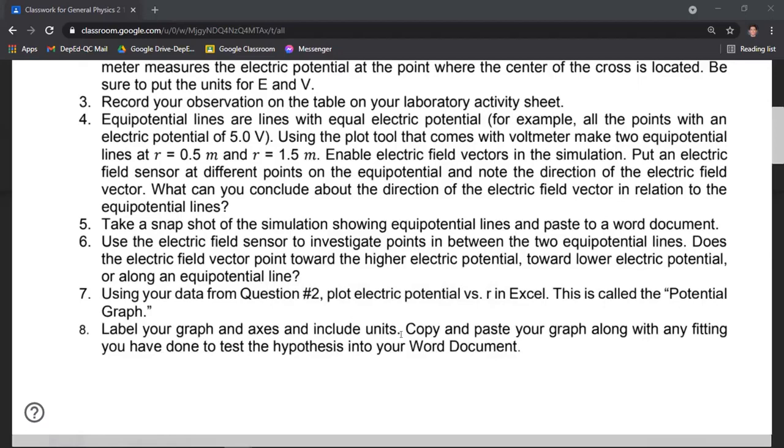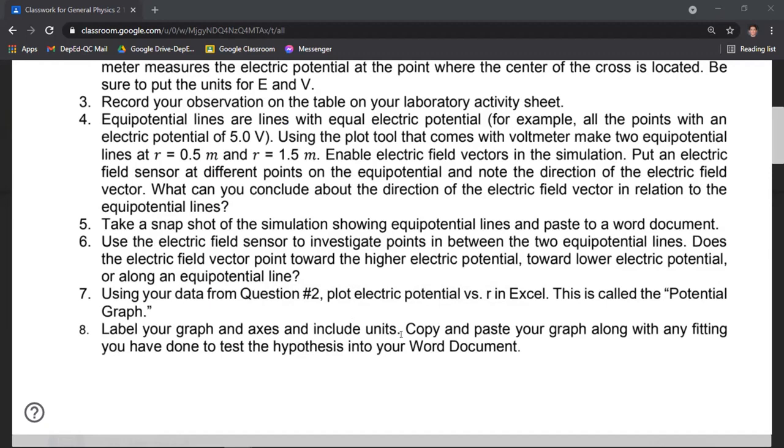Then number 6, use the electric field sensor to investigate points in between the 2 equipotential lines. Thus, the electric field vector points toward the lower electric potential, along an electric potential line.